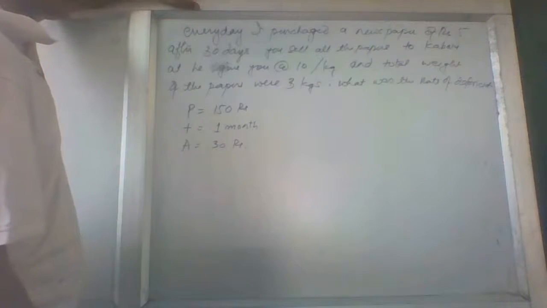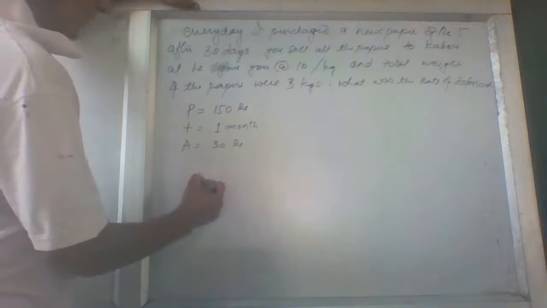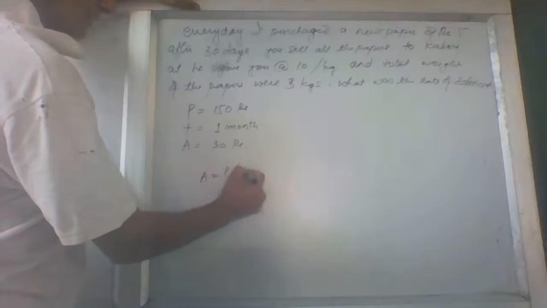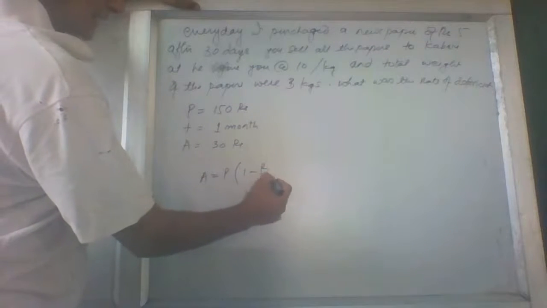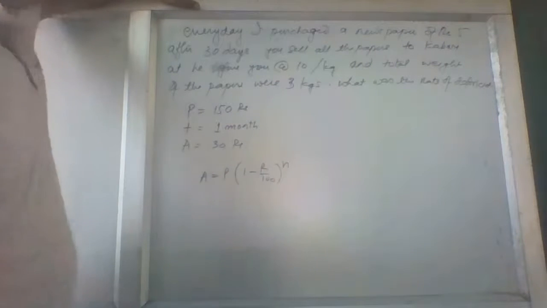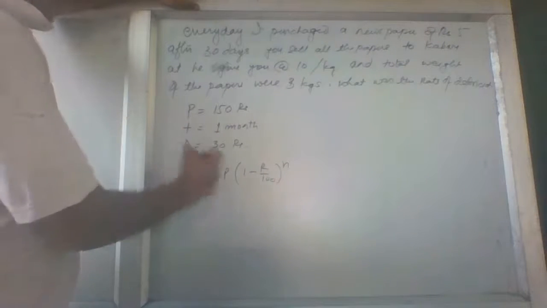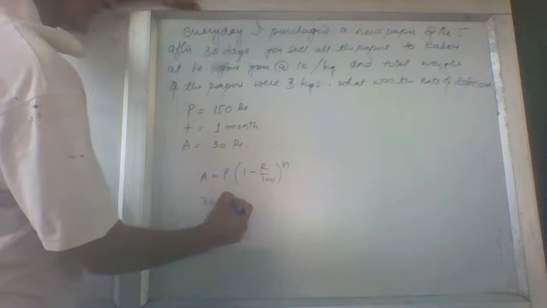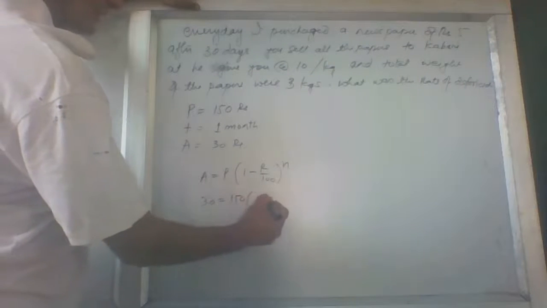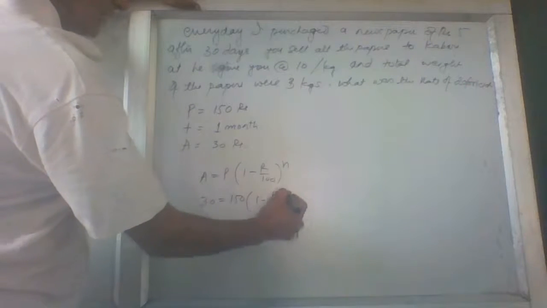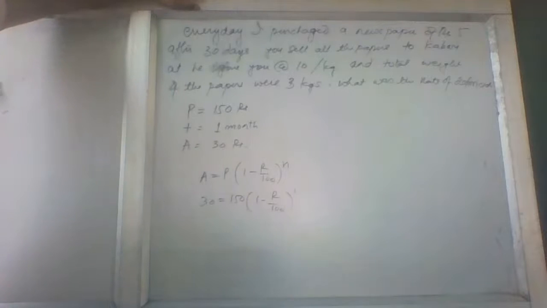So I am going to use this formula: Amount is equal to Principal into (1 minus r upon 100) to the power n. Now the amount is 30 rupees. The principal was 150 rupees. 1 minus r, I don't know. And the time is equal to 1 month.